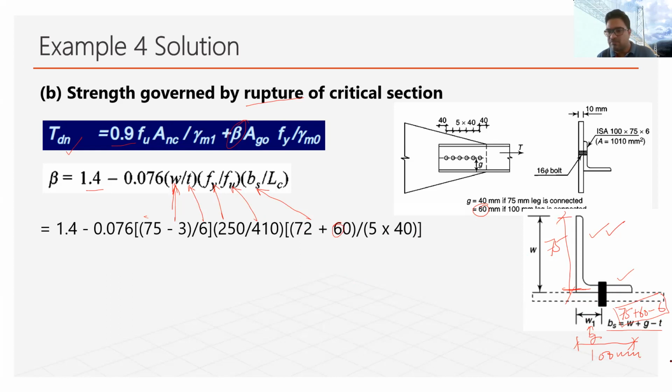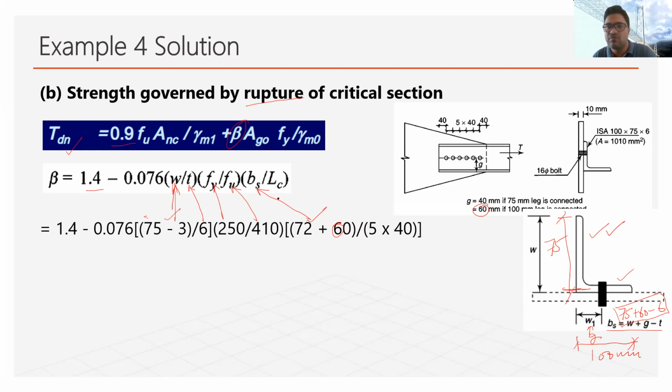Anyway, the value we calculate in this manner, W plus G. W is basically the 72 that we have taken here also, so 72 plus G, divided by LC. What is LC?